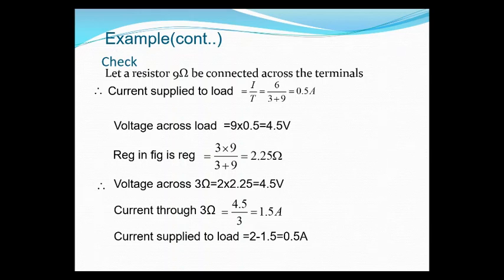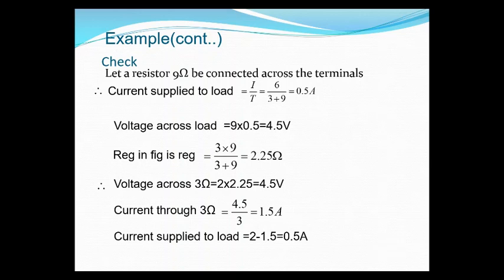Voltage across 3 ohms is 2 into 2.25 ohms, that is 4.5. Current through the 3 ohm resistor is 4.5 by 3, that is 1.5 amps. Now the current supplied to the load is 2 amps minus 1.5, that is equal to 0.5 amps.